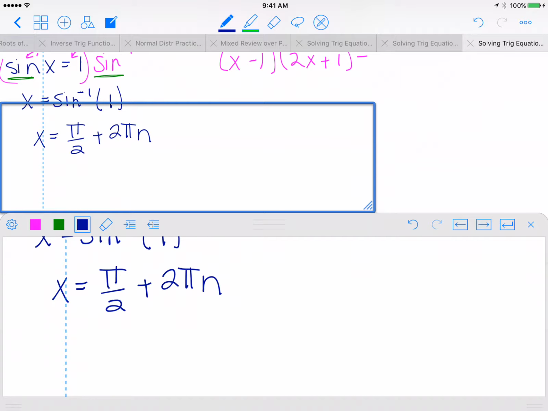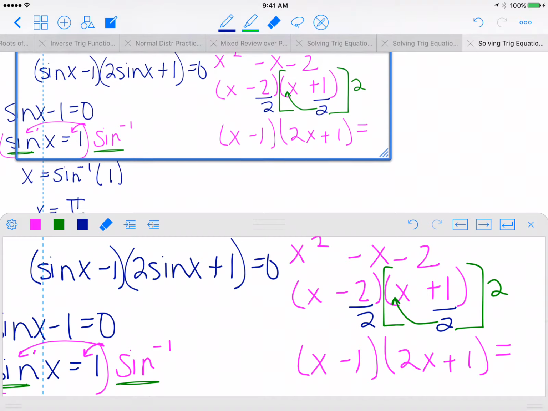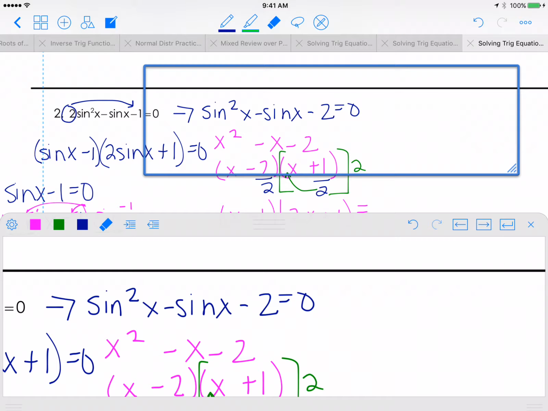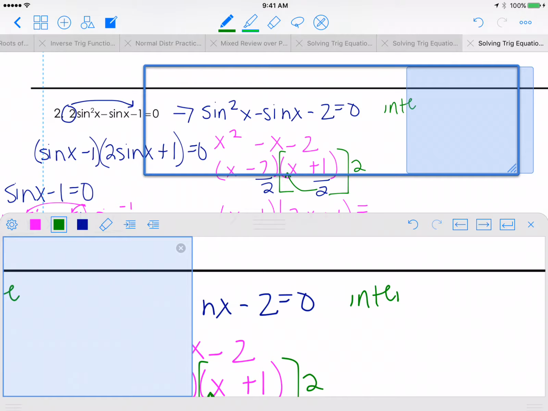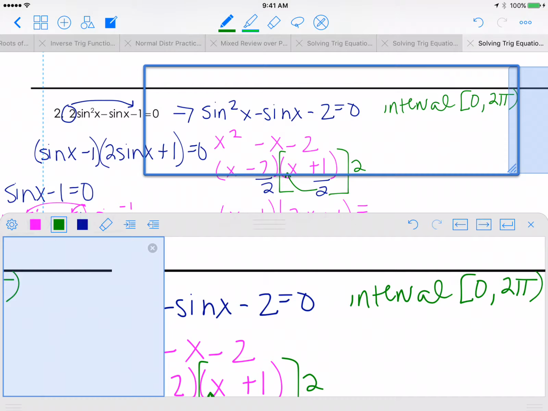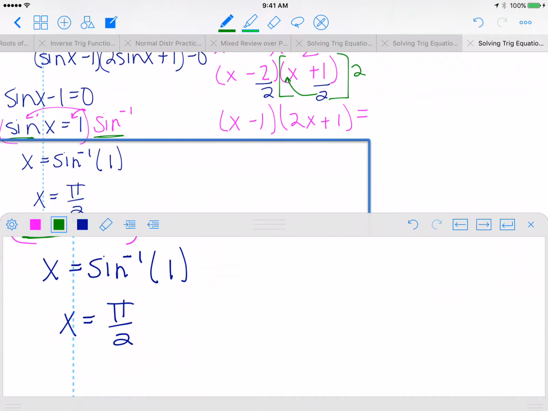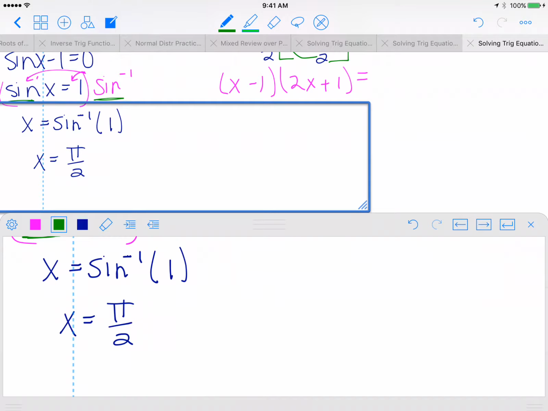Right here, let's not worry about general form, and let's think about it from the interval of 0 to 2 pi. Let me go back up and write that in the directions. Since we already did general form, I want to do all of the forms. So the interval of 0 to 2 pi. In that case, the only time sine is going to be 1 is at 90 degrees, which is pi over 2.